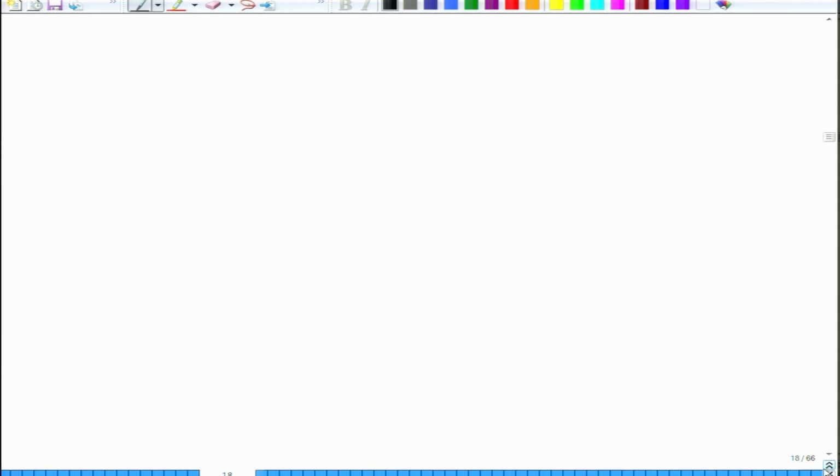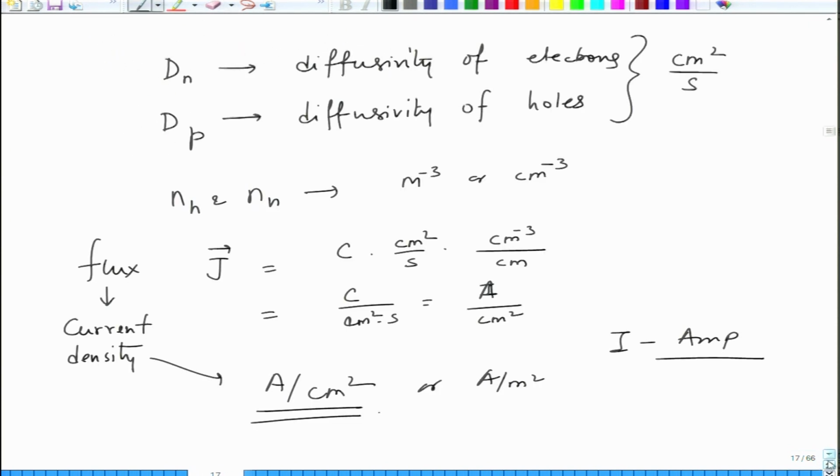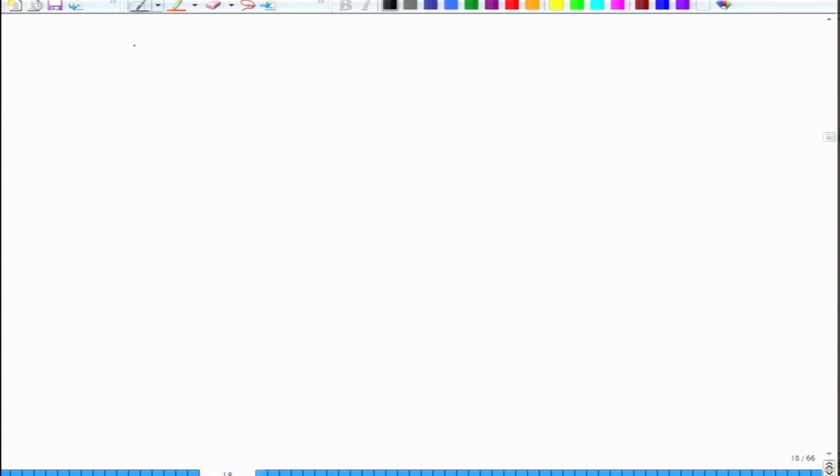Essentially this means the number of charges passing through per unit area per unit time. Now, having looked at the diffusion current, what is the total current? Before we write this, let us write the general form of these equations, the general form of diffusion current.